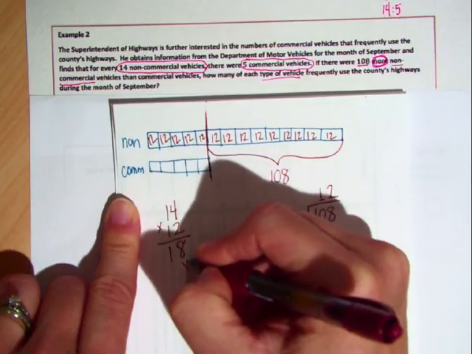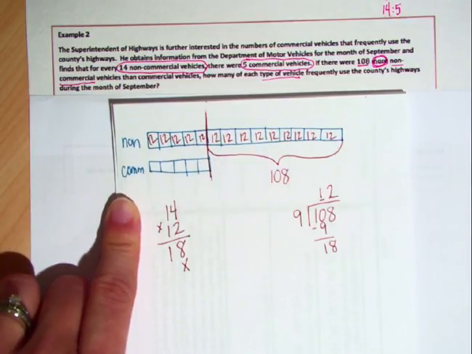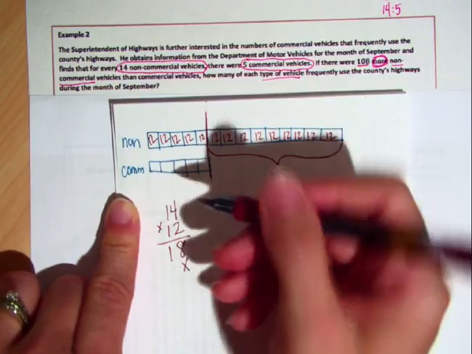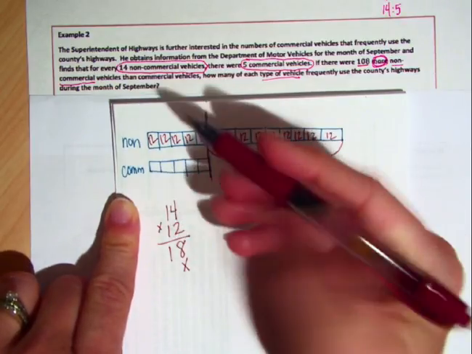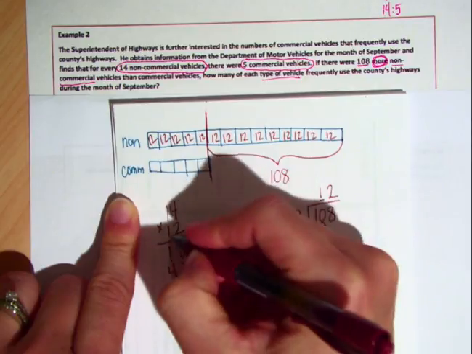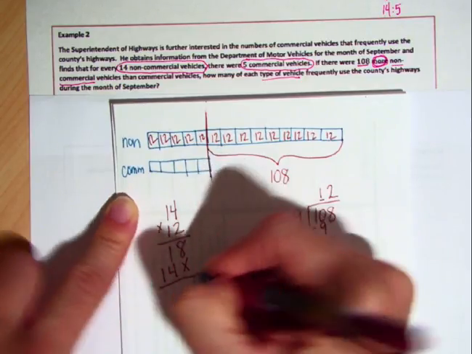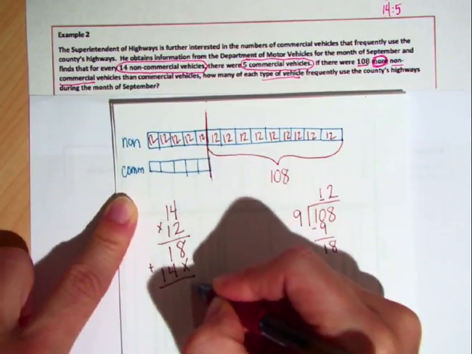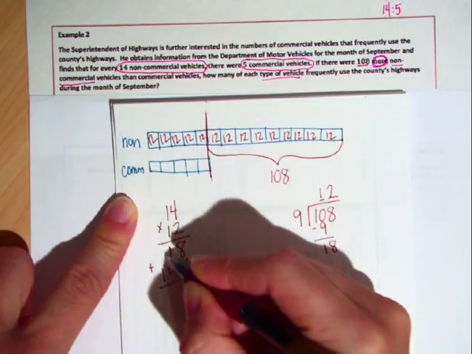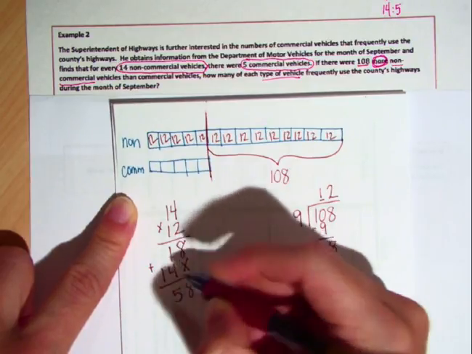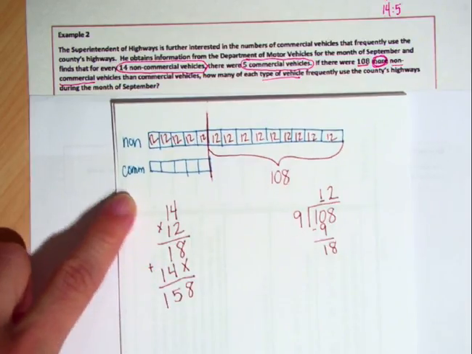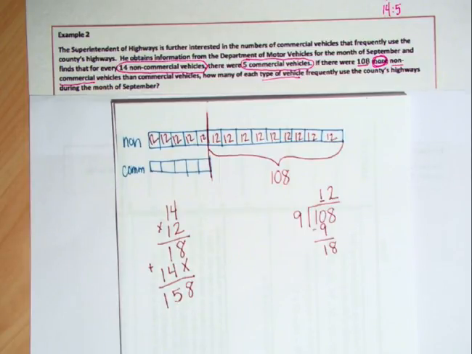I'm going to move over a placeholder, and you might put a 0, I put an X. It's just the way I learned it. 1 times 4 is 4. 1 times 1 is 1. Add those together, and I have 8 plus 0 is 8. 4 plus 1 is 5, and 1 plus nothing is 1. So we have 158 non-commercial vehicles. Did I do that right?